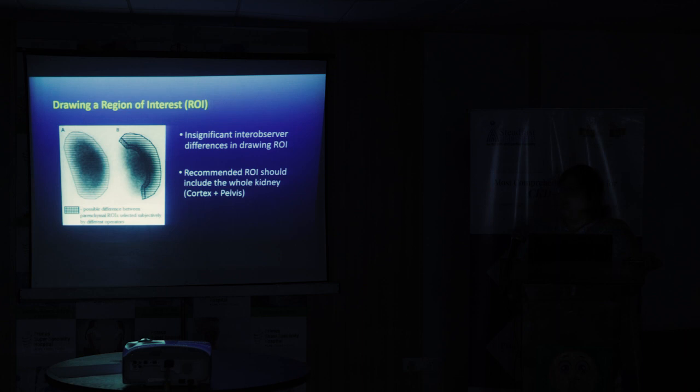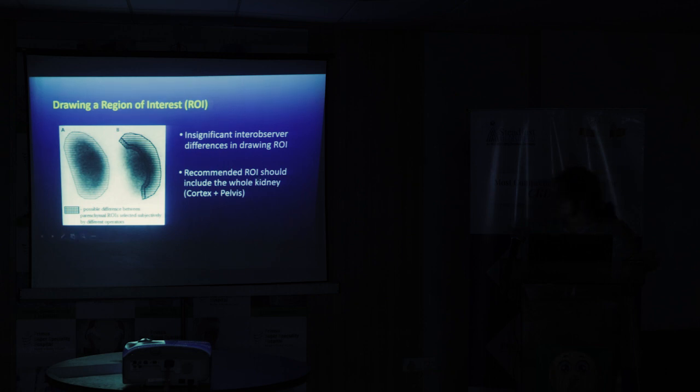Now, whenever we talk about trying to calculate the renal excretion or the renal function, we draw something called the region of interest. When you read about DTPA, you will find there is a lot of talk about whether the region of interest should include only the cortex or should include the pelvis.